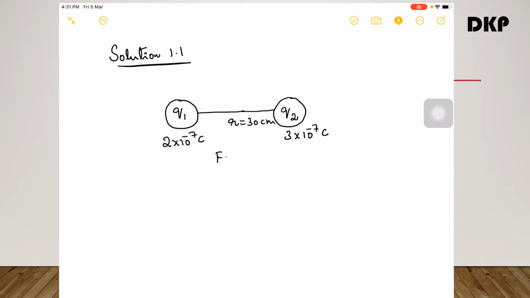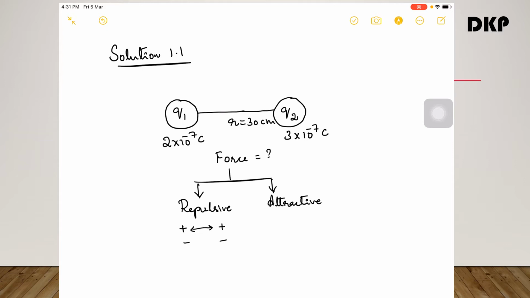What you have to find out here? The force. So there are two types of force. One is repulsive, another one is attractive. Repulsive force means when two like charges come closer, these charges will repel each other.